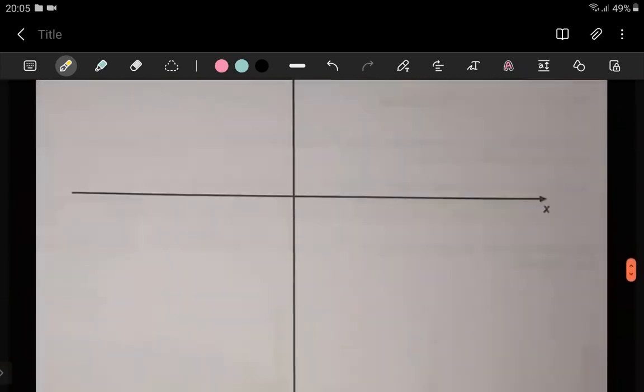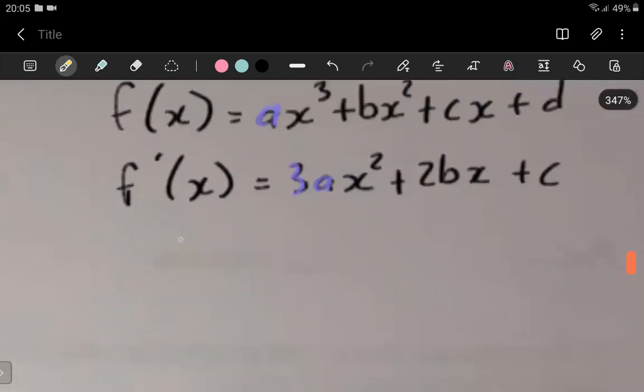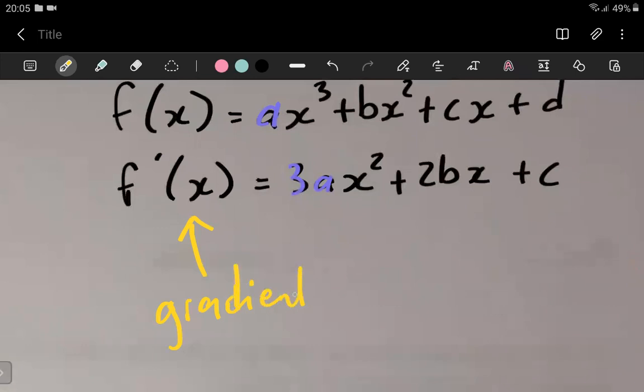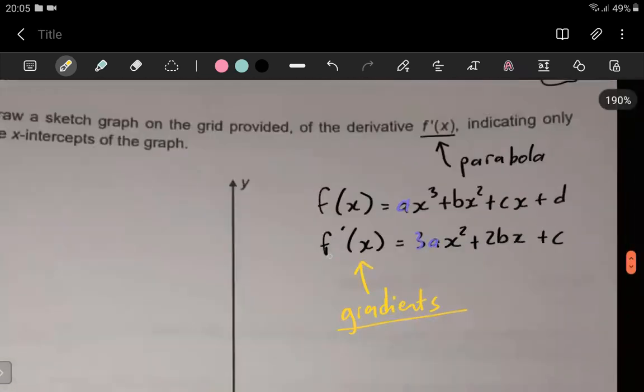So what we know is that this first derivative is basically giving us different gradients of our cubic function.